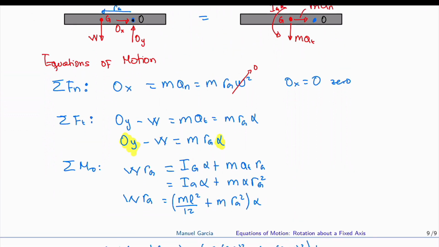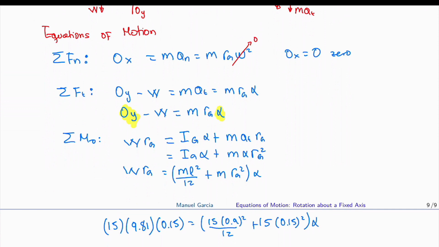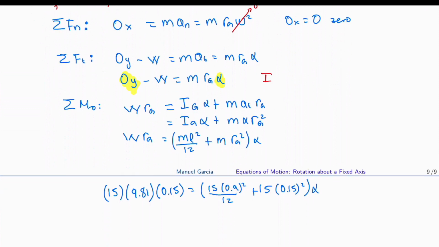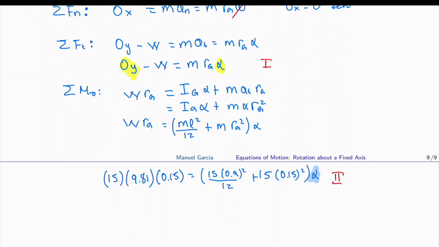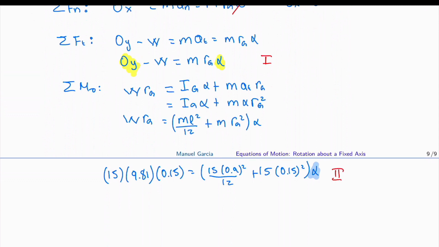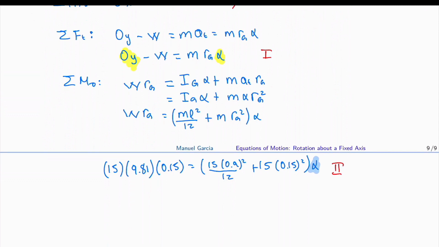With this, we have our second equation. We have this first equation over here, and this is our second equation. So we have two equations, two unknowns. The unknown here is alpha. Anything else is known. So we can solve for alpha and then replace alpha in equation 1. I'll let you do that. I'll give you the values.